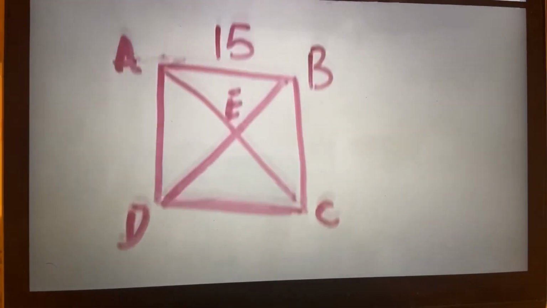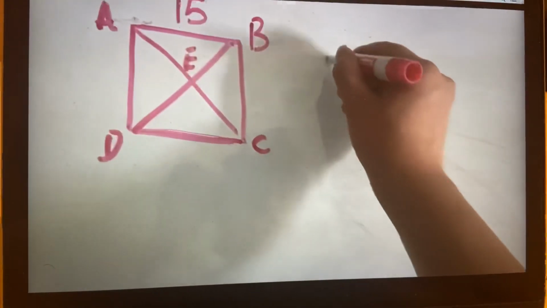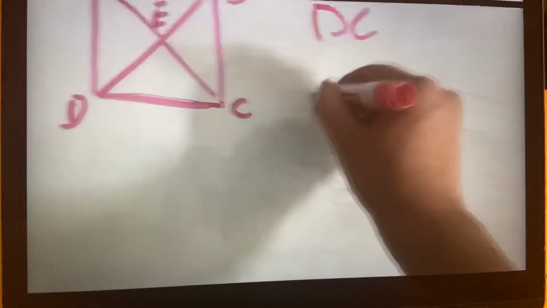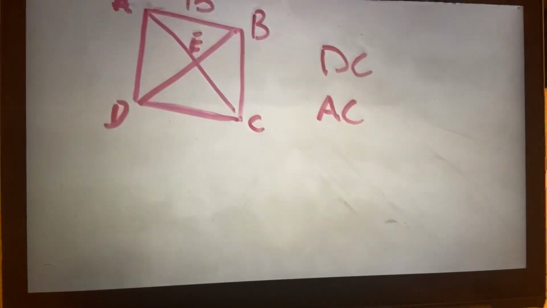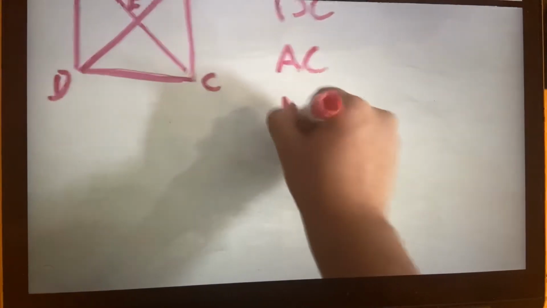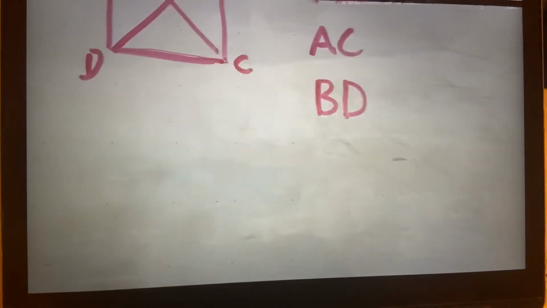Alright, so we have AB is 15. And we are looking for, now don't be intimidated by how many measurements we're looking for. You will see that they're not so bad after a couple of examples.